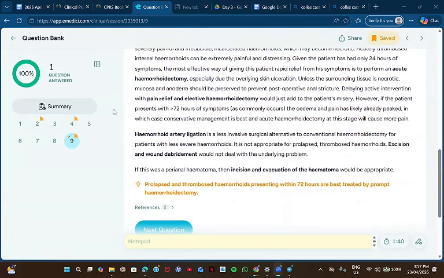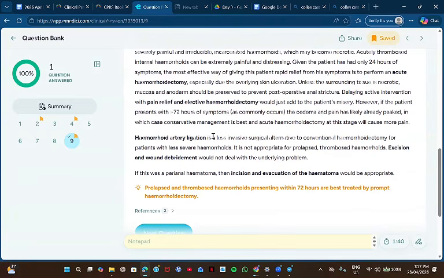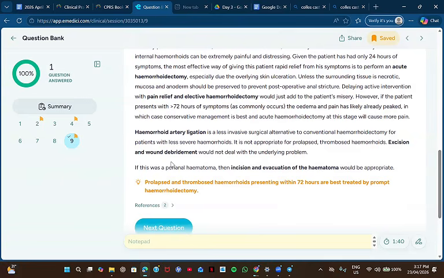However, if the patient presented with more than 72 hours of symptoms, as commonly occurs, the edema and pain have likely already peaked, in which case conservative management is the best, and acute hemorrhoidectomy at this stage will cause more pain, right? If it is less than 72 hours, better to go with hemorrhoidectomy, but if it's more than 72 hours, we can use conservative management because the hemorrhoidectomy can be more painful.